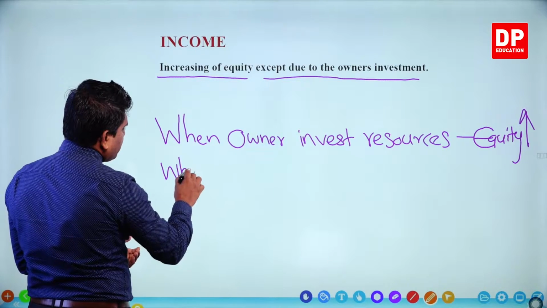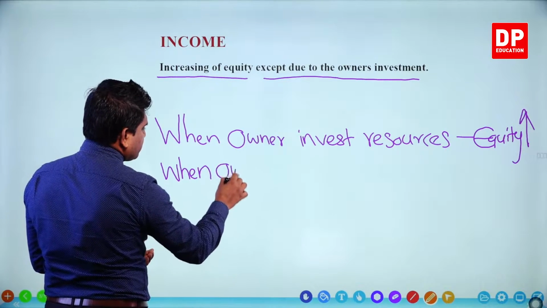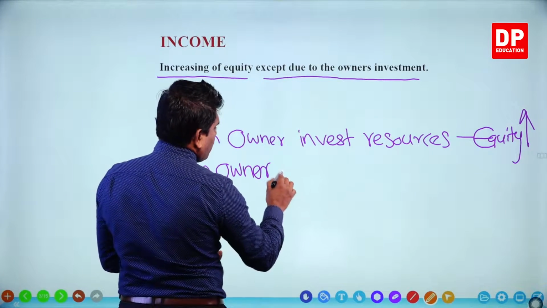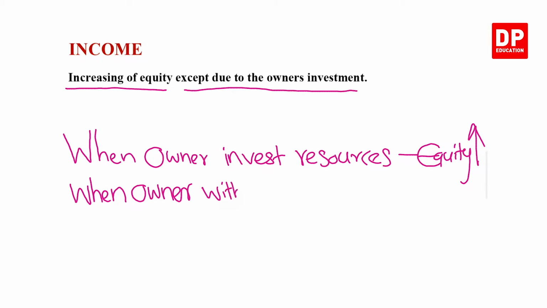When the owner withdraws resources, what happens to equity? Equity decreases. If the arrow goes down, it means decreases. When the arrow goes up, equity increases, right?